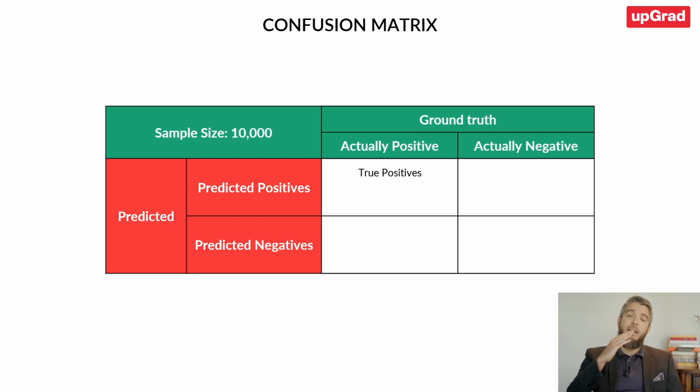Now, if you go diagonally from that, you have what's called the true negative quadrant. And those are the people that we predicted will not default, and they did not default in actuality. Right? So a perfect model would put the counts of those two in the diagonal, and 100% of our use cases would be in these 2 quadrants.